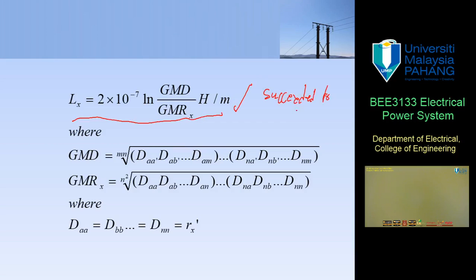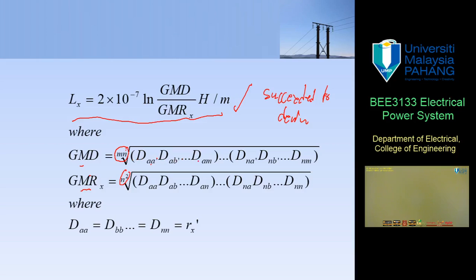Maybe you say that deriving is a waste of time for me. But if we can derive, it means we really understand what it's all about. So told you again, rewrite it back. GMD is equal to MN, and the GMR is N with power of 2. So the prime one is the MN case.